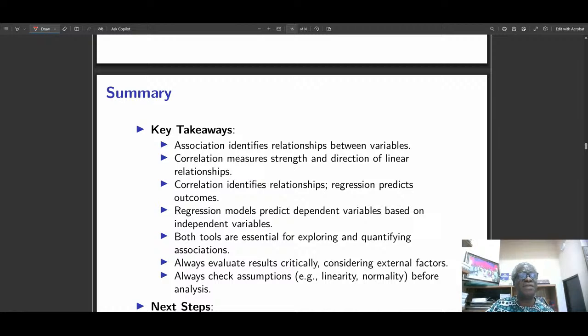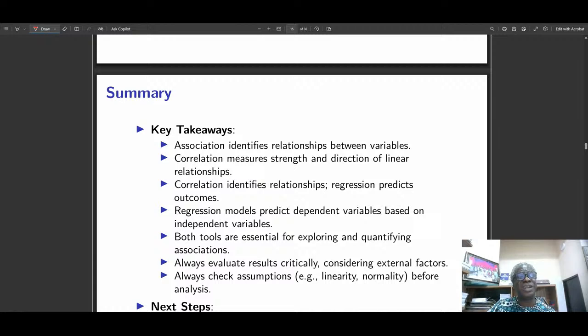The next level is correlation, and that helps us to measure the strength and the direction of linear relationship. I emphasize that, not just any relationship, but linear relationship. And then, once correlation is identified, we can use regression to predict.